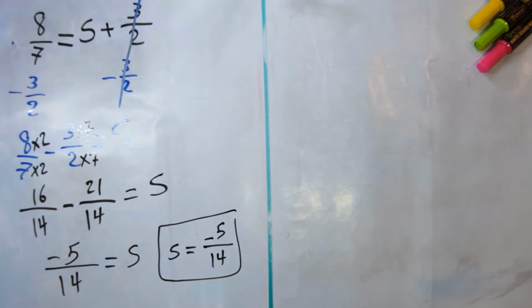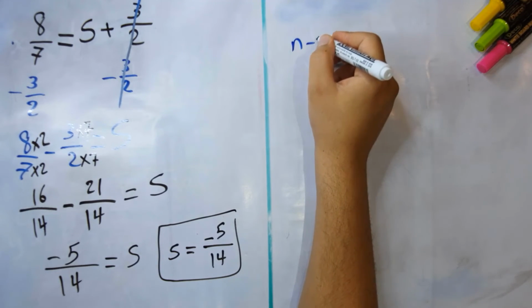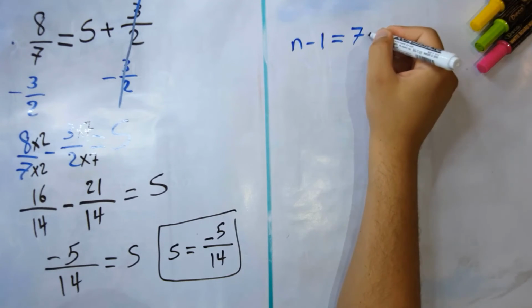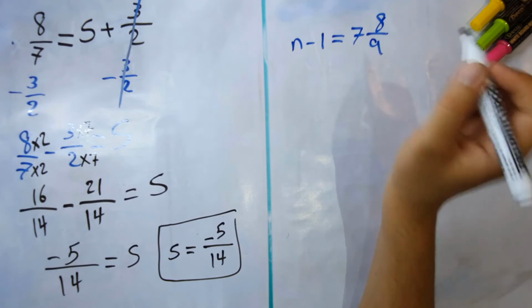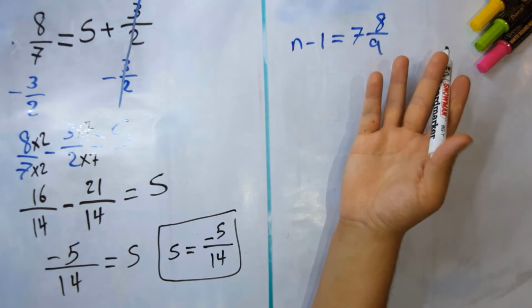Okay. Another question. N minus 1 equals 7 and 8 over 9. How can we solve it? Now we have a variable on the left side.